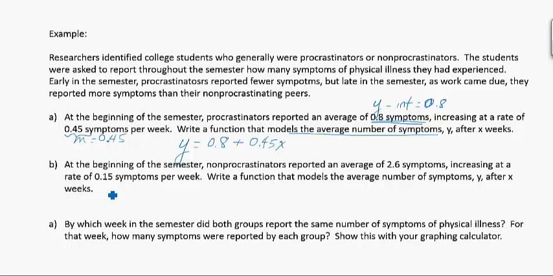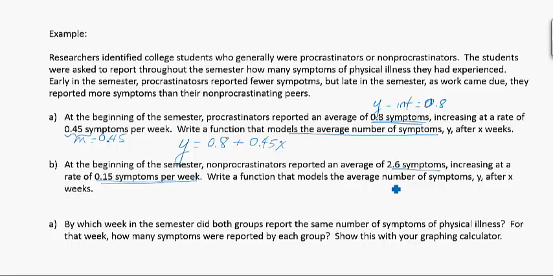Now, in part B, it says at the beginning of the semester, non-procrastinators reported an average of 2.6 symptoms, and it increased at a rate of 0.15 symptoms per week. So they started out with a lot, but it didn't increase as greatly. The slope was not quite as large.